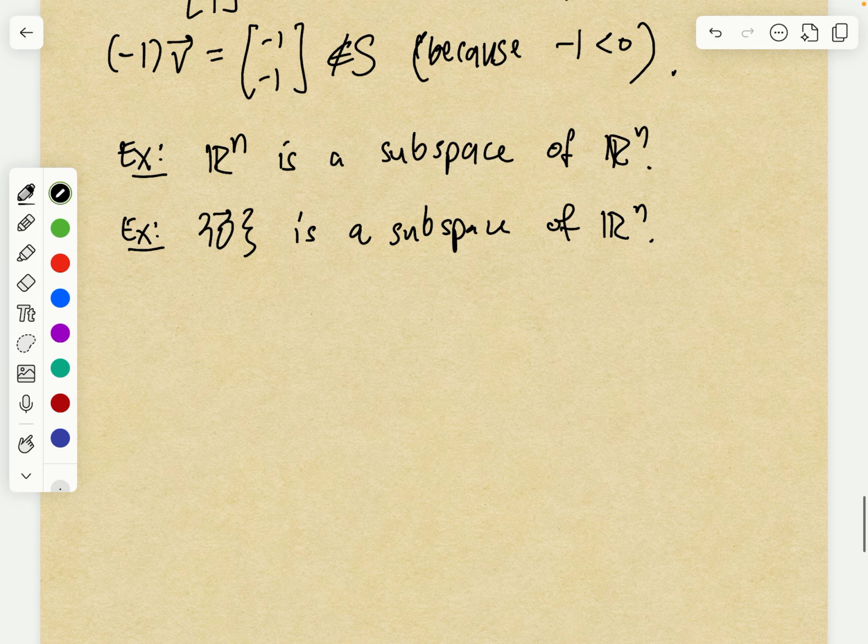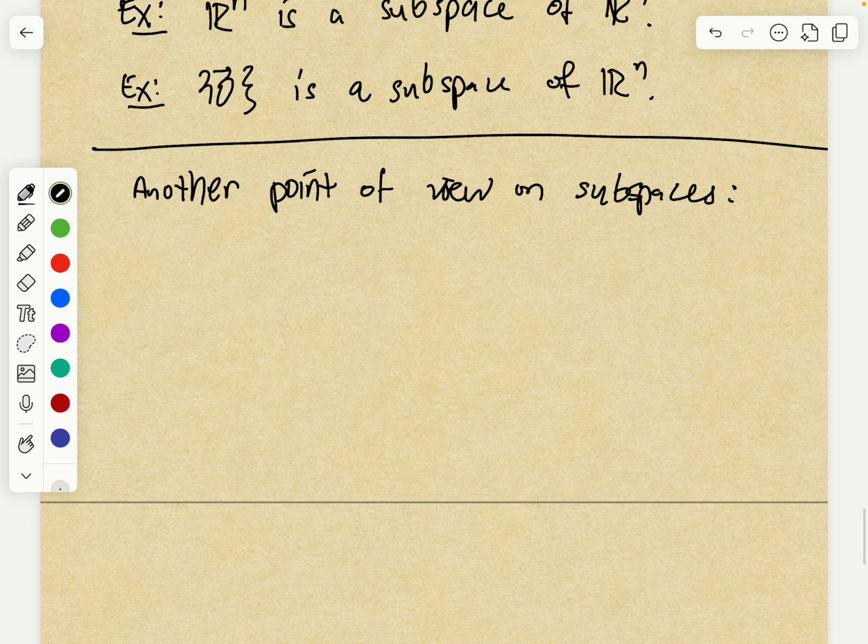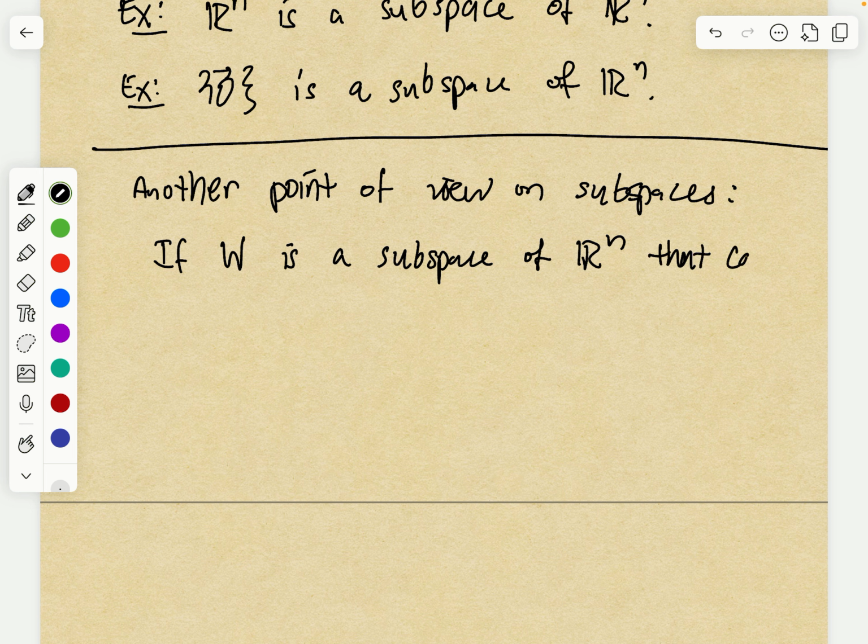And one more thing to know, let's go back to the definition. This is another perspective, another point of view on subspaces. Let's say that W is a subspace of Rn, and it contains V1 and V2.